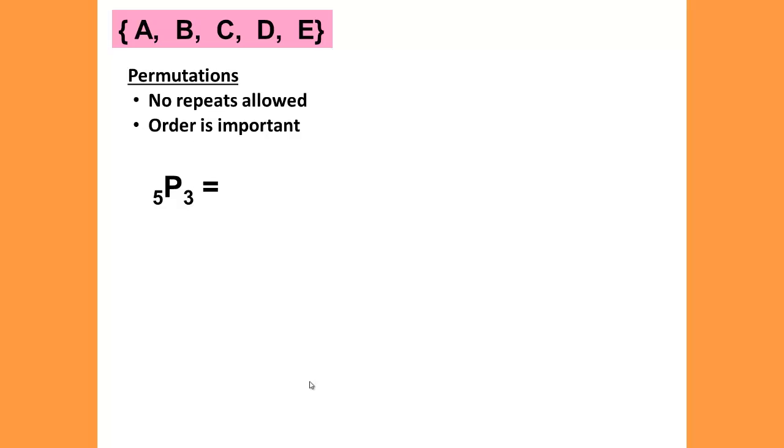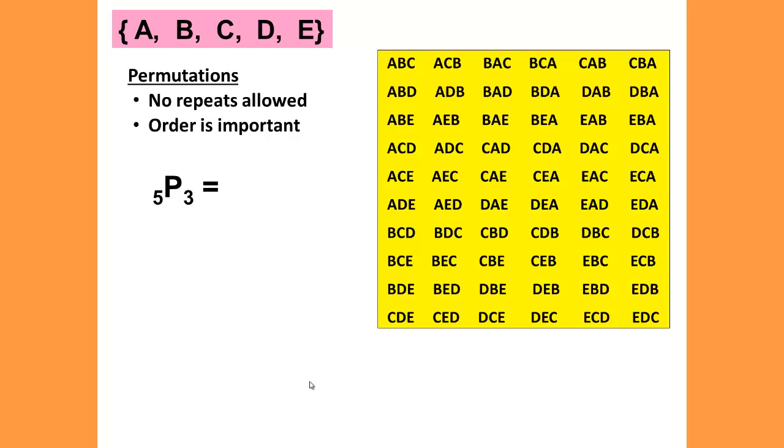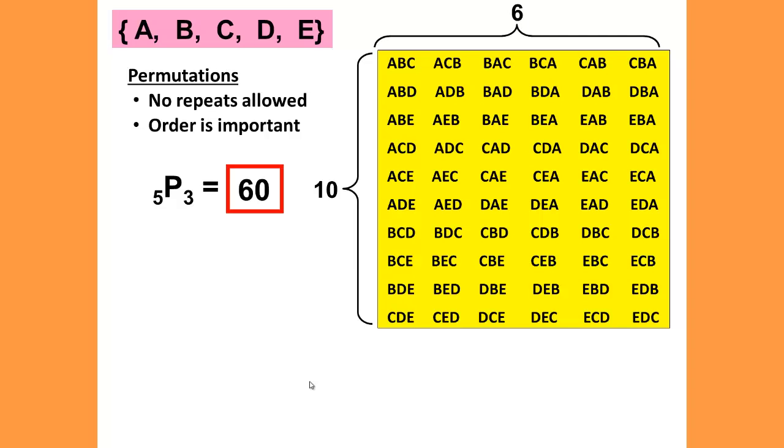And the notation for that is 5P3. And here is a list of all of the different permutations or arrangements. There are 10 by 6 or 60 ways, or 60 different arrangements of 3 of the 5 letters.